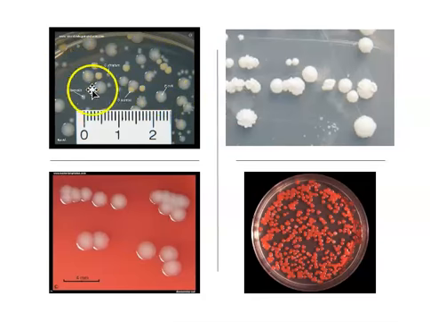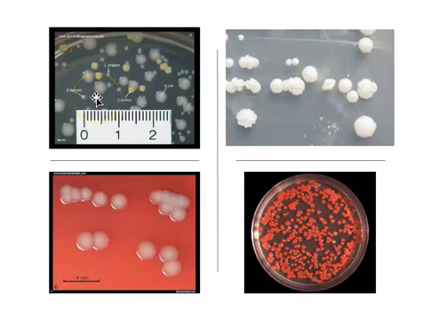In other words, the colonies don't all look the same. There's one kind of colony that's sort of large, and it has this whitish cream color. It's quite circular. The edge of it, or the margin of it, looks nice and straight.